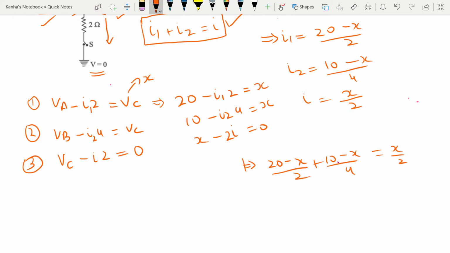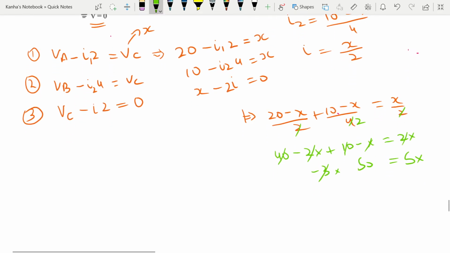First of all, you can easily cancel out the 2's in the denominators. So you have 40 minus 2x plus 10 minus x is equal to 2x, and this implies minus 3x, this goes here, becomes 5x, and 40 plus 10 is 50.